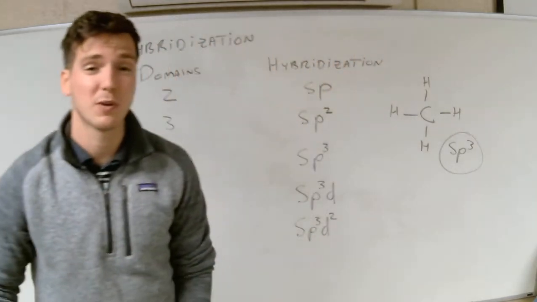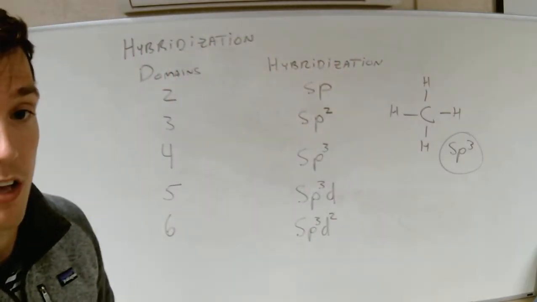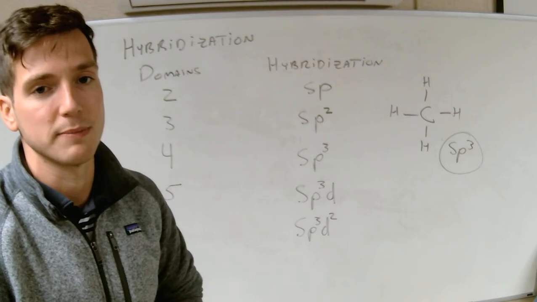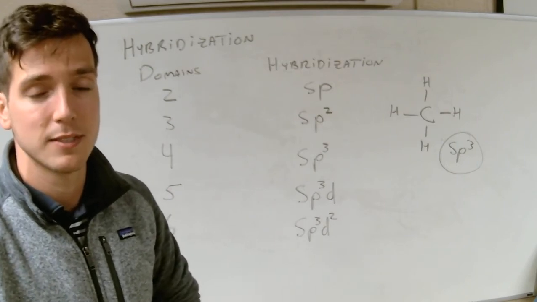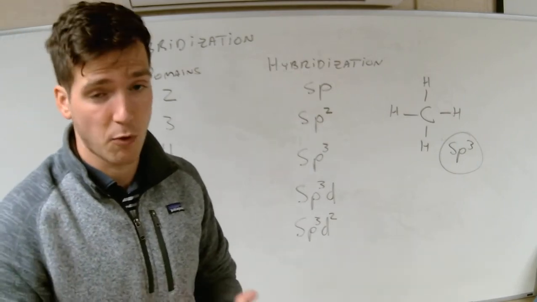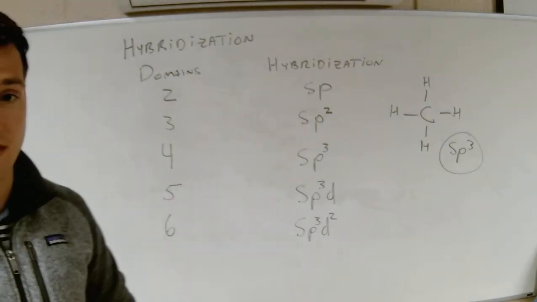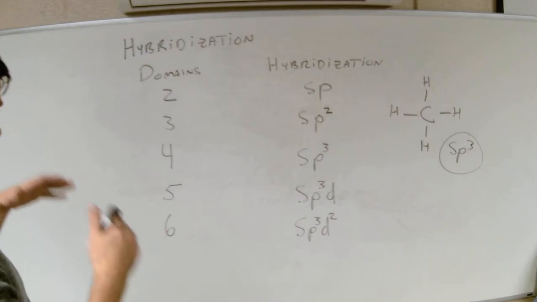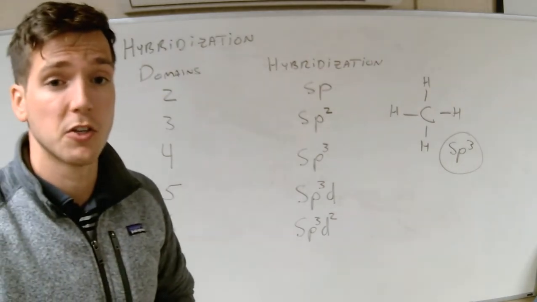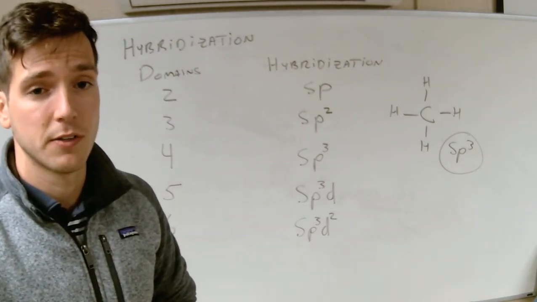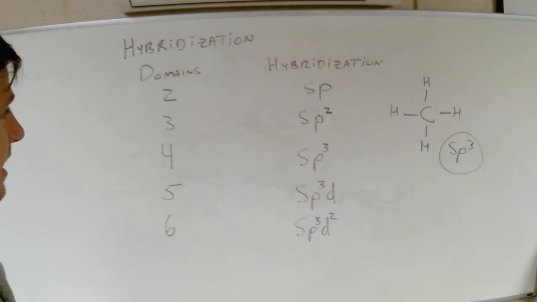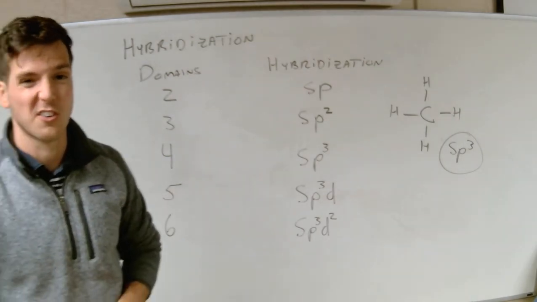So the question will be, what's the hybridization around the central atom of CH4? sp3. You base it off the domains. I don't ever want to see an sp4 because that doesn't exist. I don't ever want to see an s because that doesn't exist.